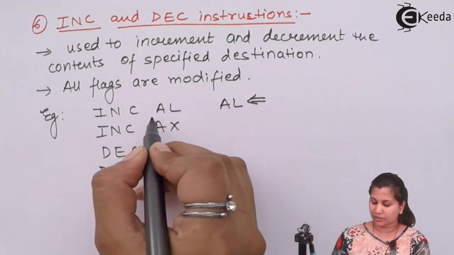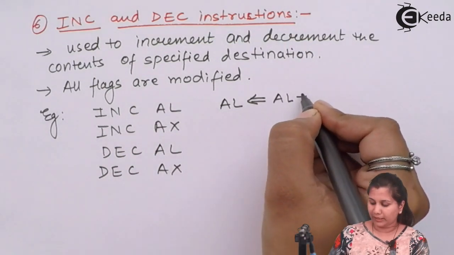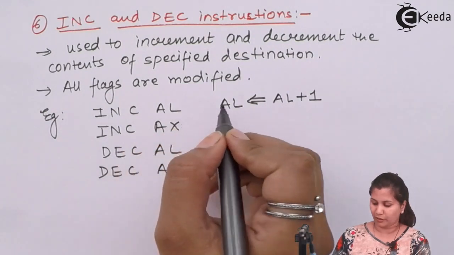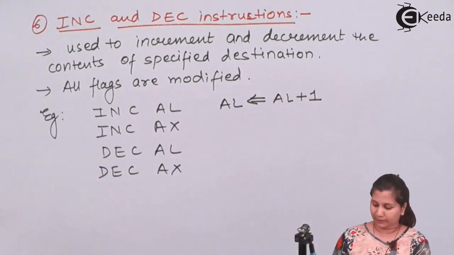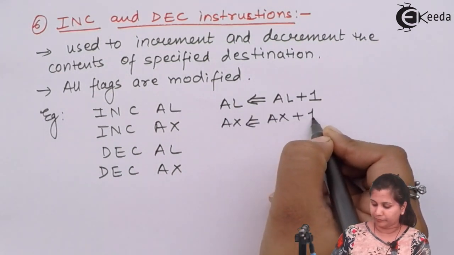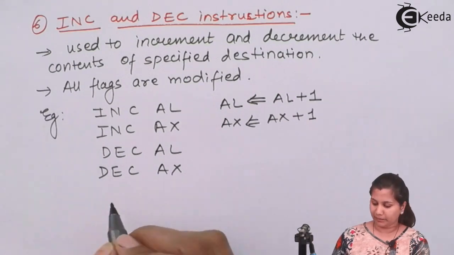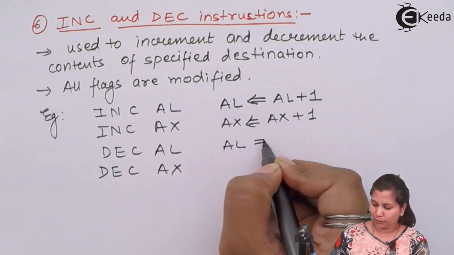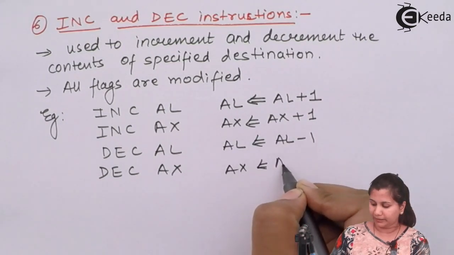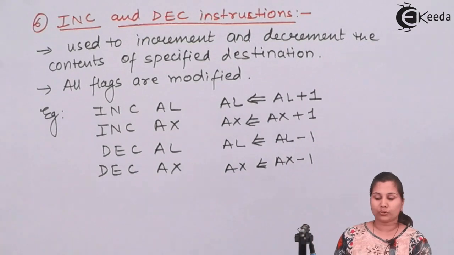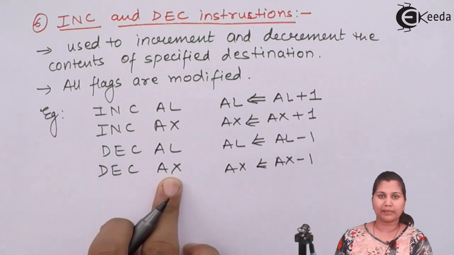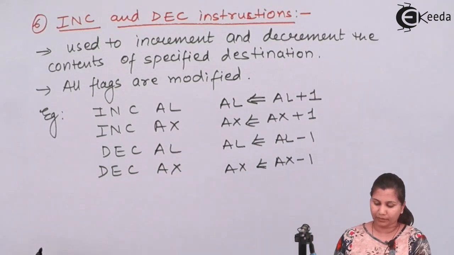AL plus 1 will be done and the result will be stored in the AL register, so it will be incremented by 1. Then the AX register is also incremented by 1. Through DEC, decrement is done, so AL will be decremented by 1 and AX is decremented by 1. So these instructions are used to increment or decrement the contents of the specified destination.